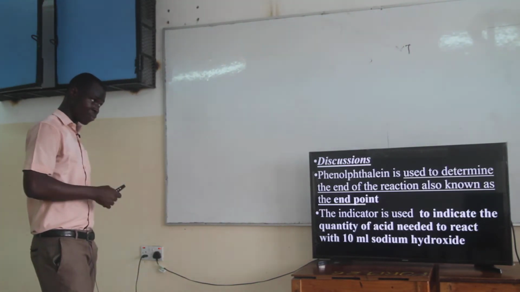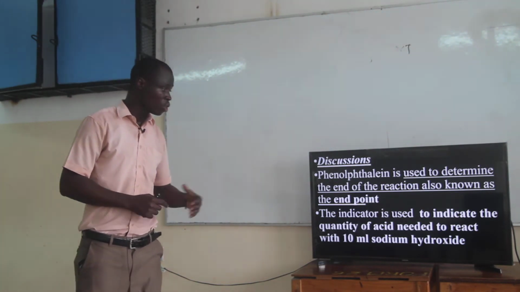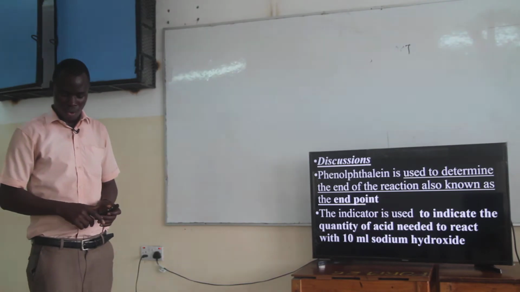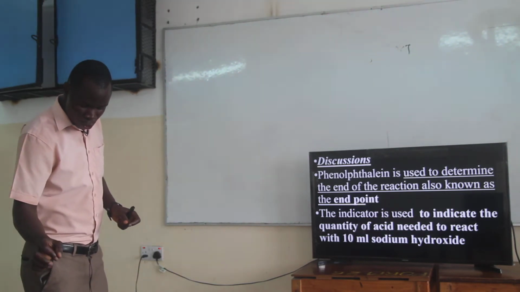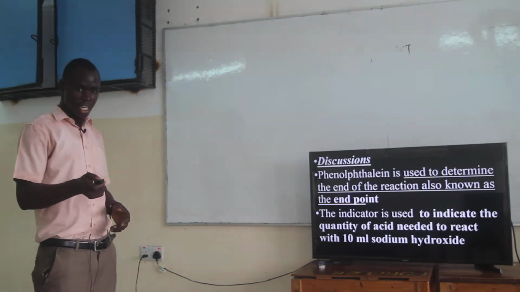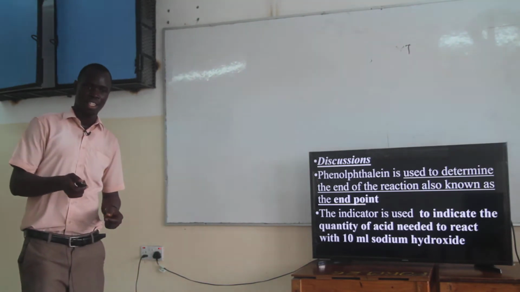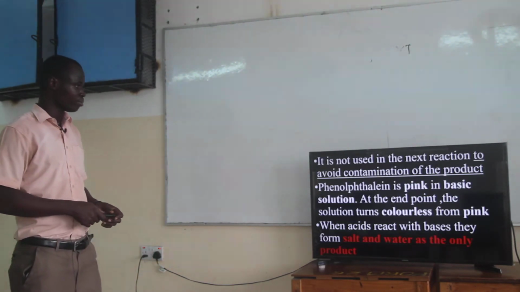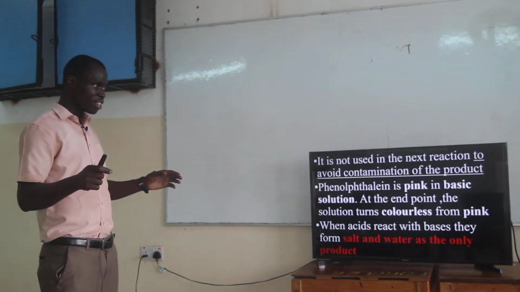Now, what's happening here? An indicator is used to determine the end of the reaction, known as the endpoint. The point at which the color changes is called the endpoint. The indicator is used to indicate the quantity of acid needed to react with 10 ml of sodium hydroxide. Now, it's not used in the same experiment.